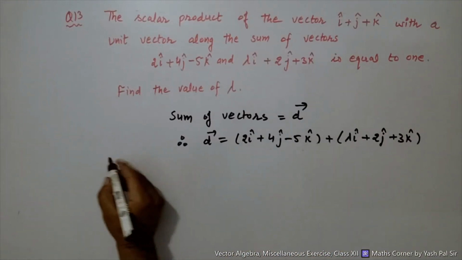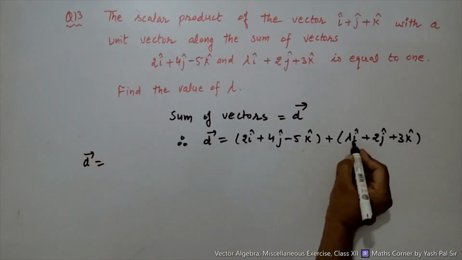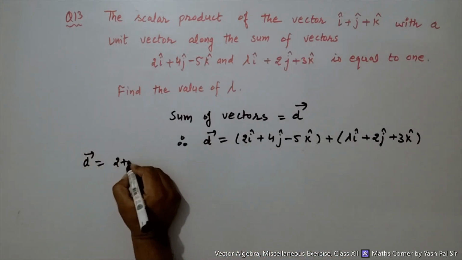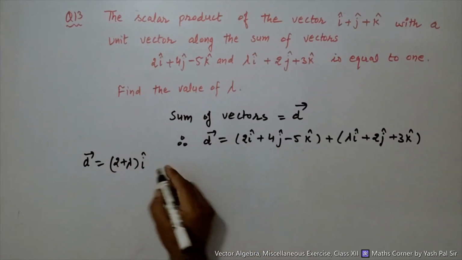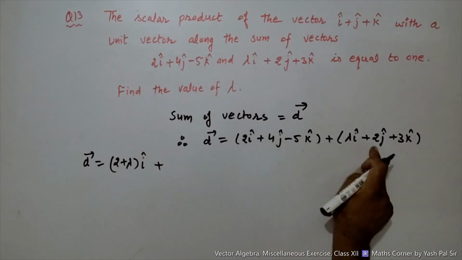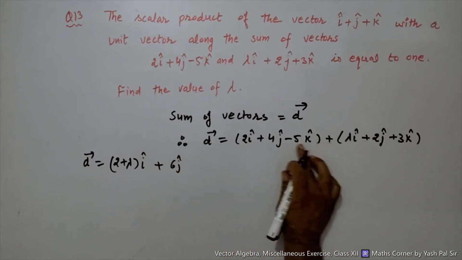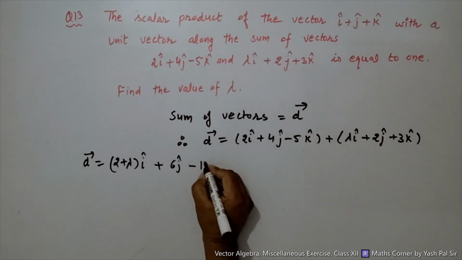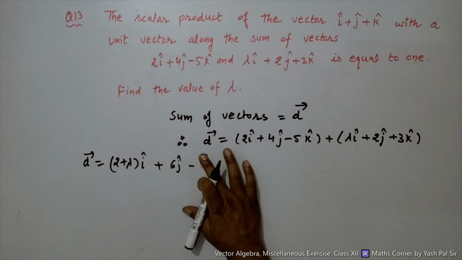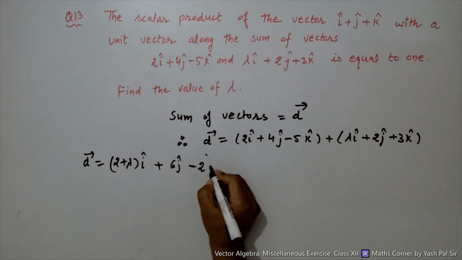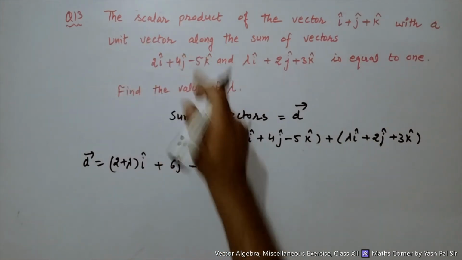So here we have the value of vector D is equal to 2 plus lambda i cap plus 4 plus 2, 6 j cap, minus 5 plus 3, minus 2 k cap. But we need to find the unit vector.